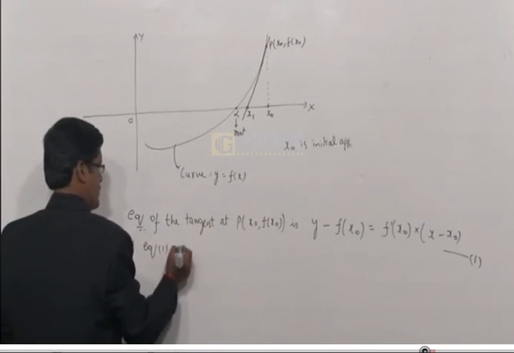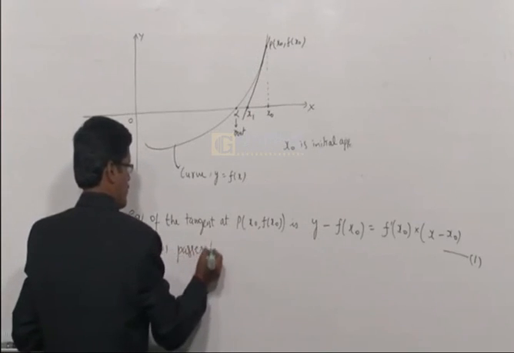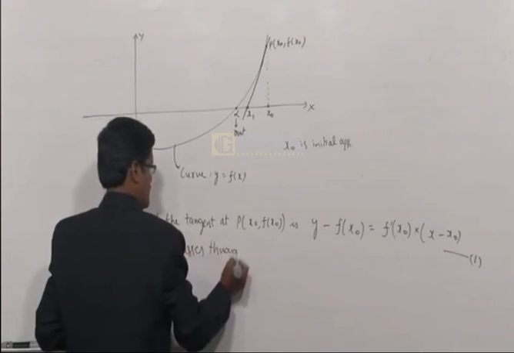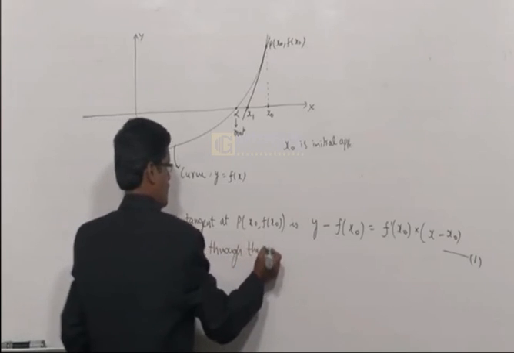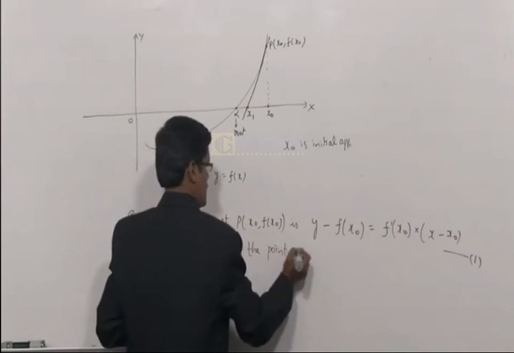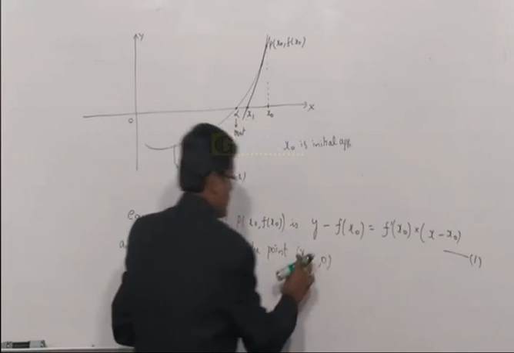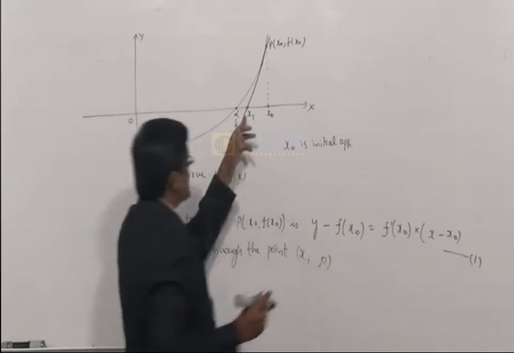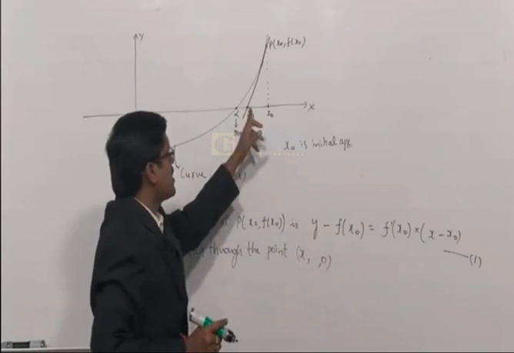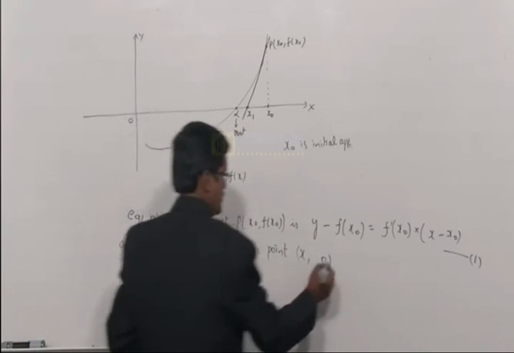Equation 1 passes through the point (x1, 0). Since x1 lies on the x-axis, automatically the y coordinate is 0.